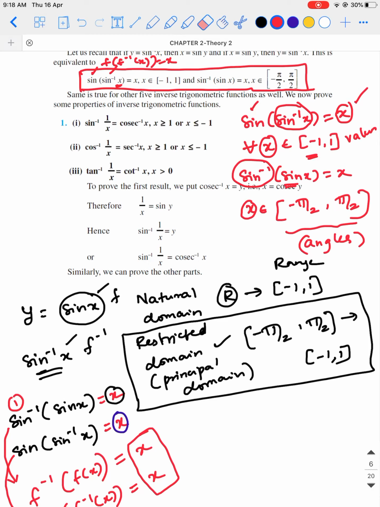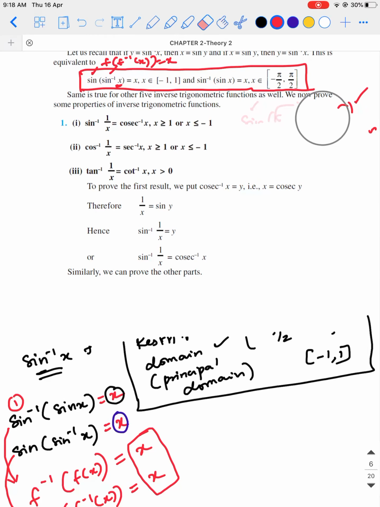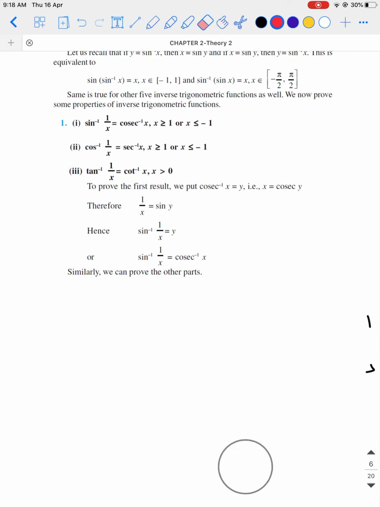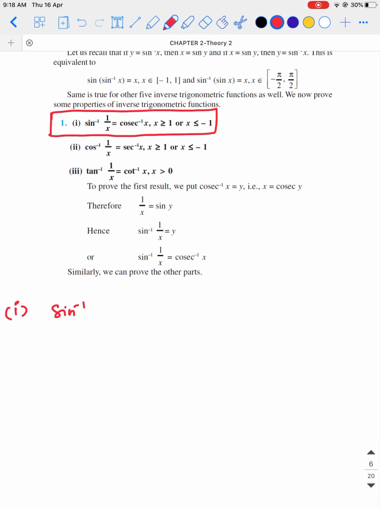Keeping all these facts in mind, let's discuss certain properties related to the inverse trigonometric functions. The first property given in your textbook is this: sin inverse of 1 by x is equal to cosecant inverse of x, for all x greater than or equal to 1 or x less than or equal to minus 1, which is the domain here.